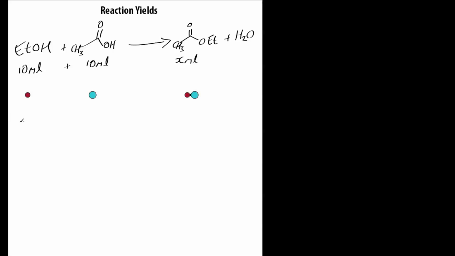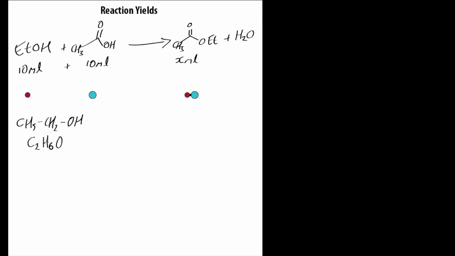So ethanol, if I just write it out, CH3CH2OH. We have 2 carbons, so the empirical formula will be C2, and 6 hydrogens, 3 there, plus 2, plus 1, H6, and an oxygen.